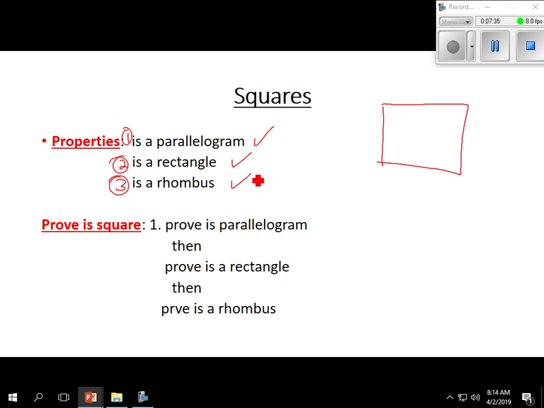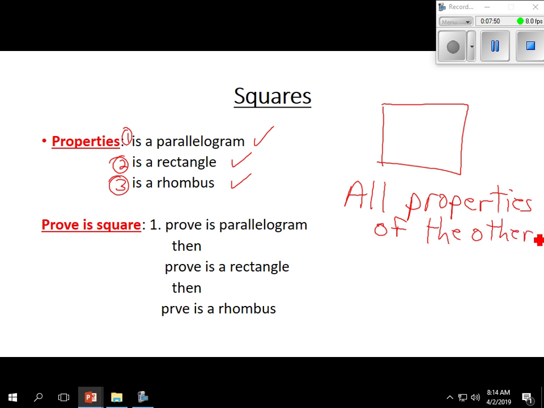So a square has all properties of the others. All the properties of all those three that we covered already.